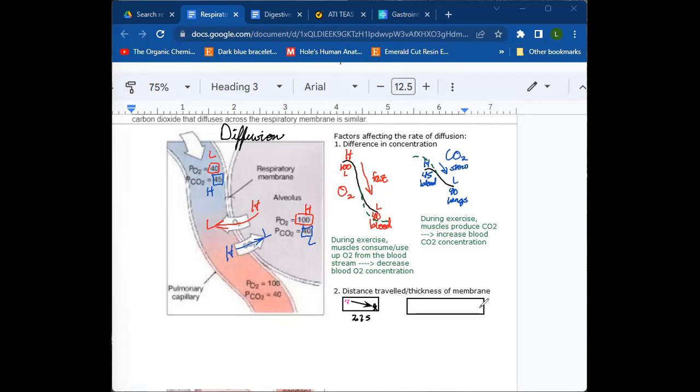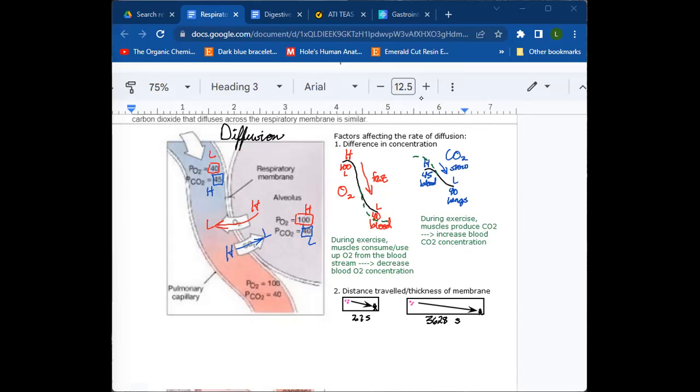We have one person stand at one corner, and then we have the person spray their perfume in the other corner, and we time how long it takes for the person in the corner to smell the perfume. Obviously, because it's a longer distance, it's going to take a lot longer for the person to smell the perfume. So let's say that this time it takes 3,628 seconds, which would make sense.